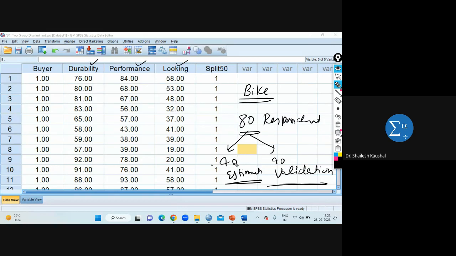If results are the same for both the estimation and validation sample, then we can say our result is good, there is no problem.